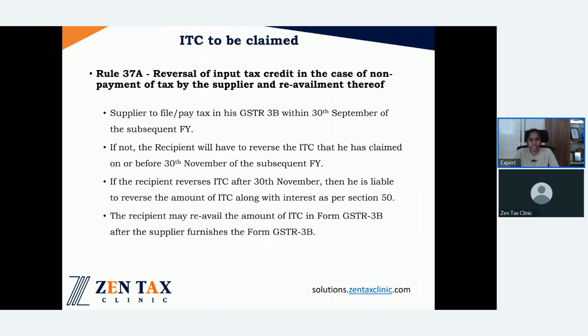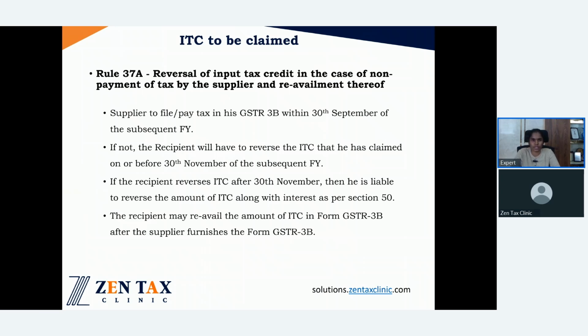Now, Rule 37A specifically provides for a situation where the supplier has not filed his GSTR 3B return or paid tax, or filed his return but left the tax. That is, he has not paid the tax on the supply made to the registered person. And also they have not filed or paid tax within the 30th September of the subsequent financial year.